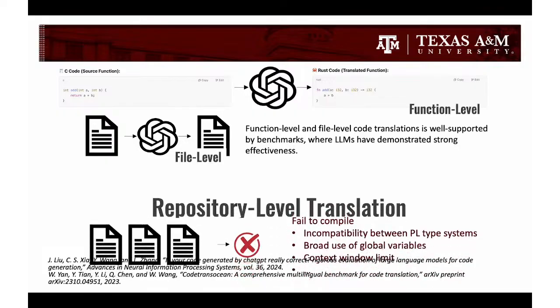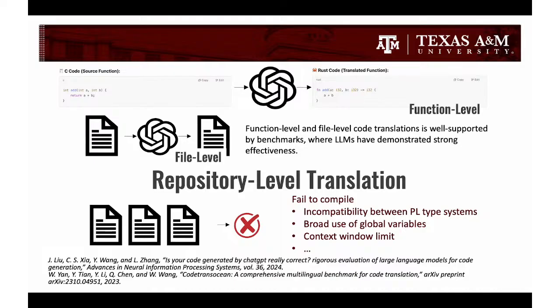However, none of the existing work achieved fully automated translation of repositories due to incomplete compilations. This is understandable as repositories are significantly larger in scale compared to individual functions or files. They often involve cross-file references, which are difficult to capture when the entire code base cannot fit in the model's context window. We have to segment the code, which leads to memory loss.